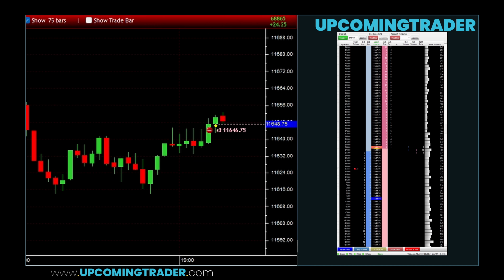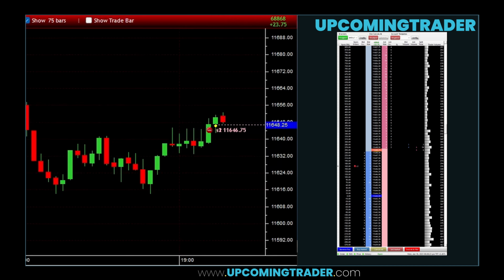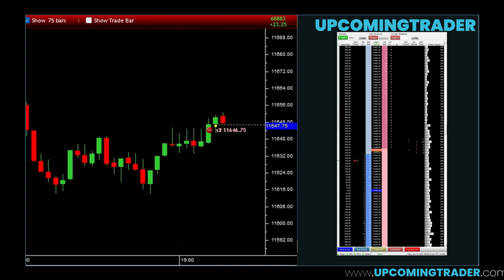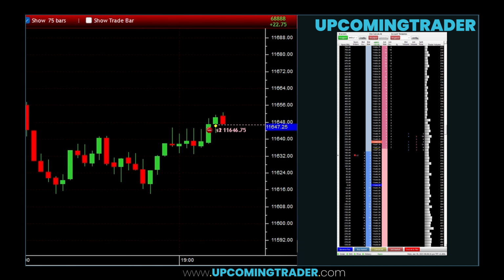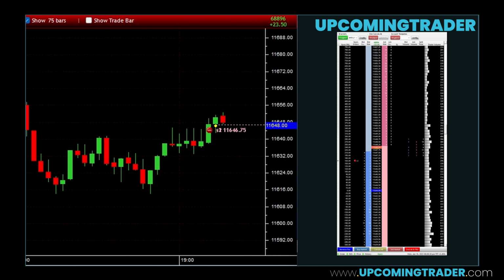As we wrap up, let us recap what we have learned today. The fixed range volume profile is a powerful tool for spotting key levels on a chart, finding potential breakouts, and identifying where a reversal might happen. It takes some practice, but once you understand how to use it, it can really make a big difference in your trading.